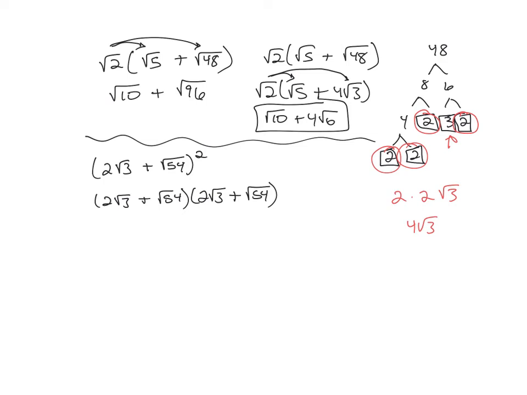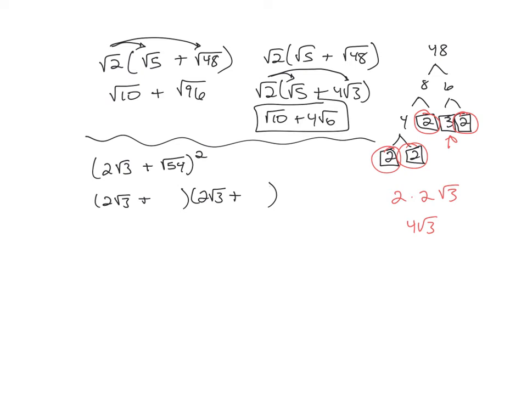Okay, but again, I'm going to simplify that 54 first, because I don't want to end up having to multiply 54 times 54, and I'm going to get this huge number that's going to be problematic to work with.